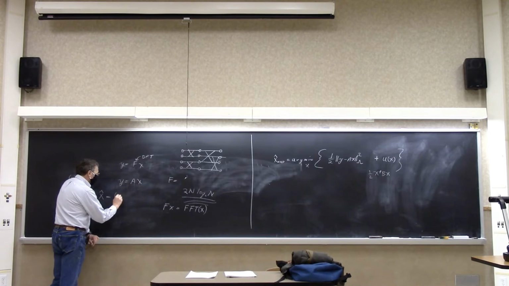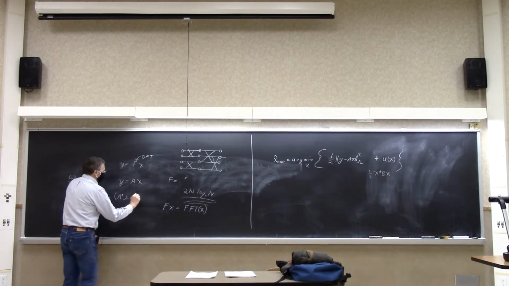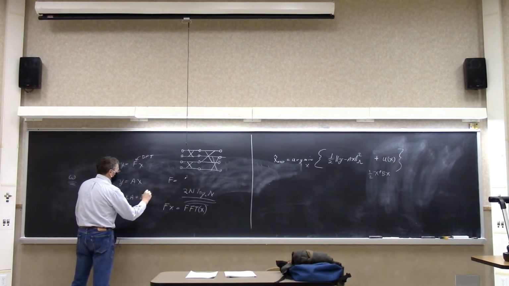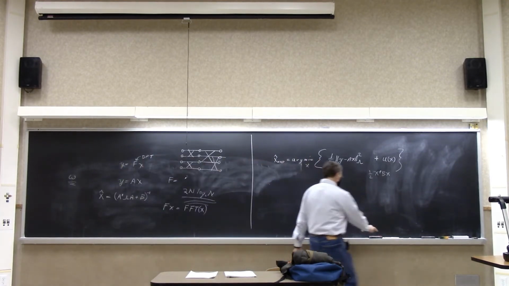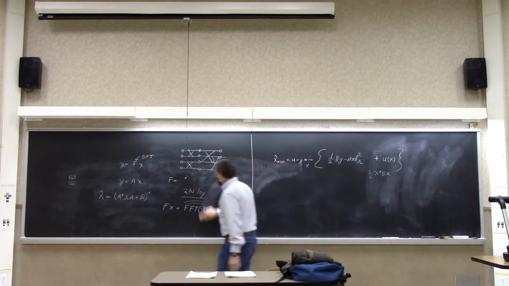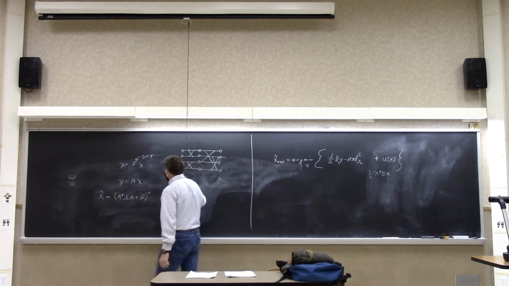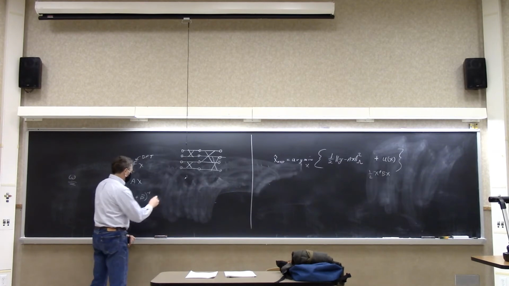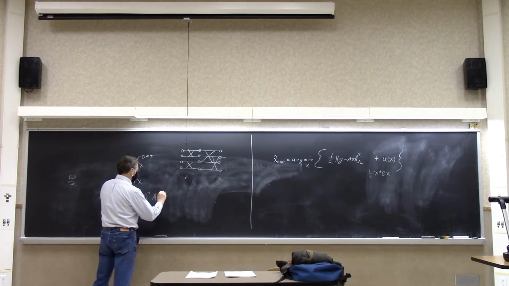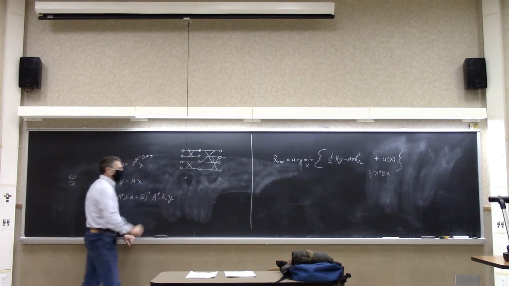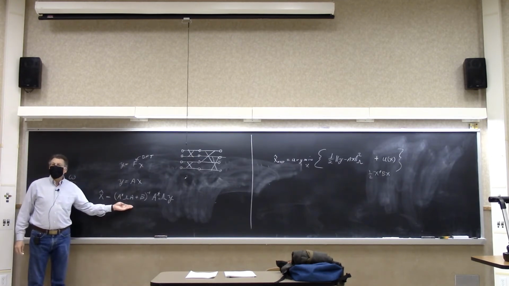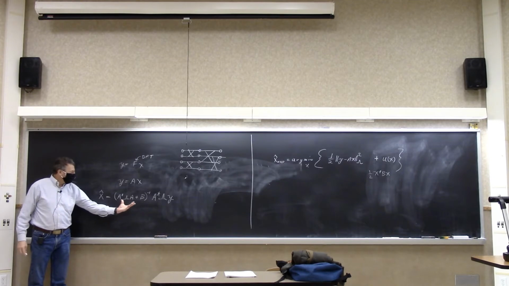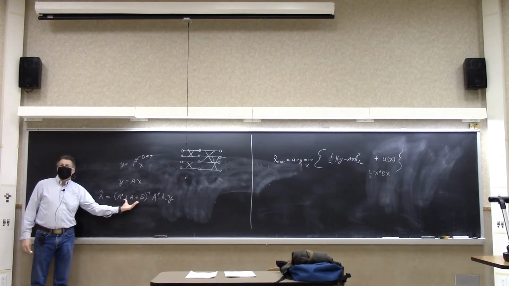Then you're going to have A transpose lambda A plus B inverse times A transpose lambda Y, okay? So you can write it down in closed form in that case, but the problem is that this matrix here is huge.